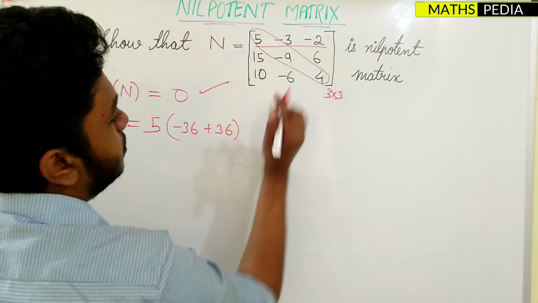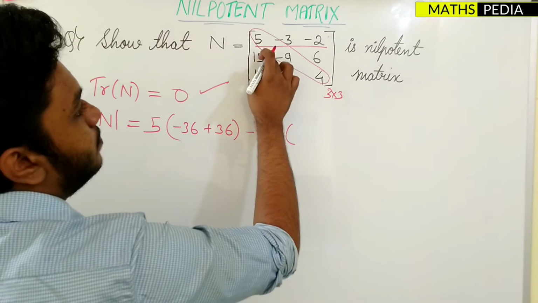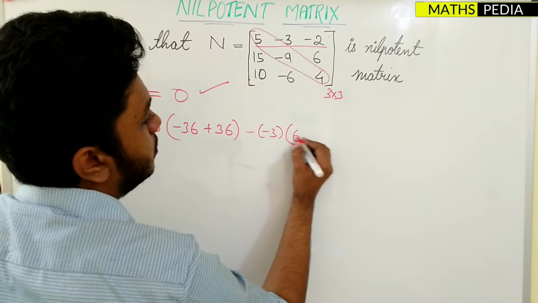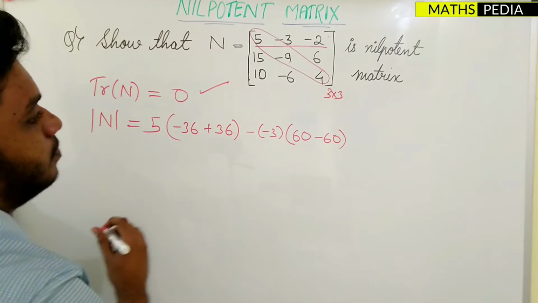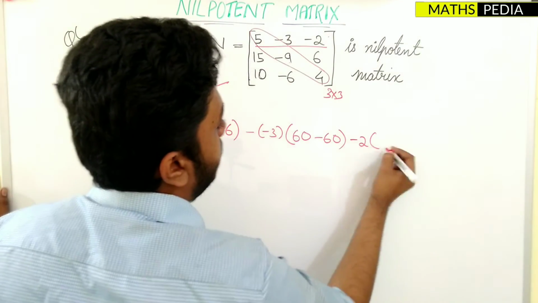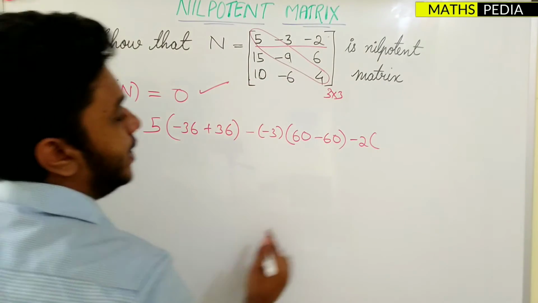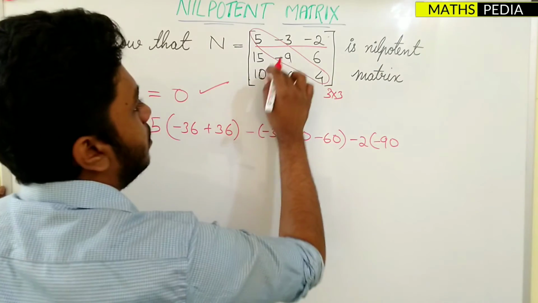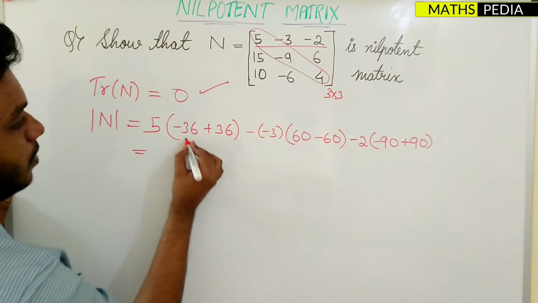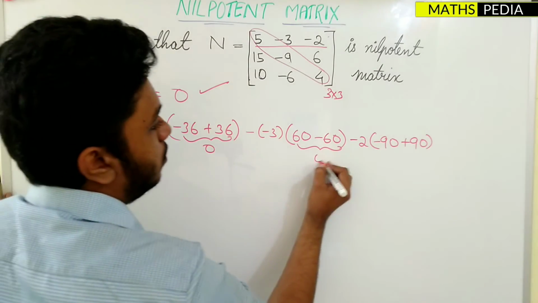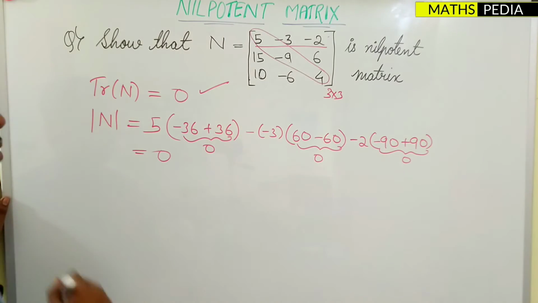Then minus 3 is there, so minus of minus 3 into 15 fours are 60 minus 60. Minus 2 into 15 sixes are 90 minus 90 plus 90. So as you can see, this part is 0, this is 0, this is 0. So the whole thing is 0 anyway, it will be equal to 0.